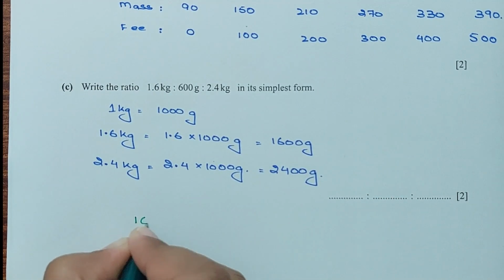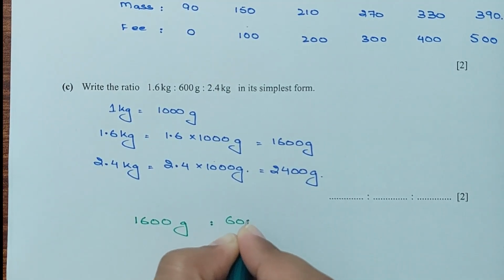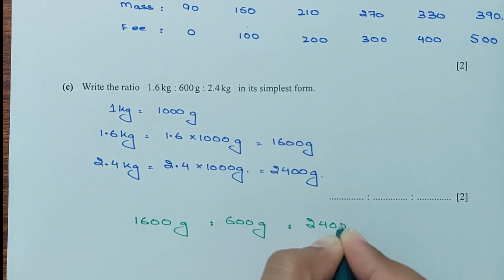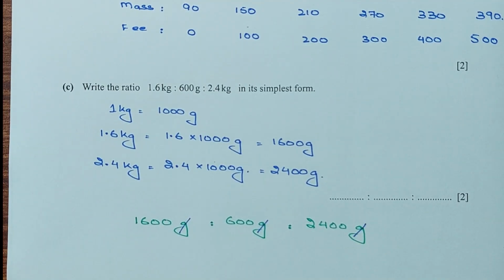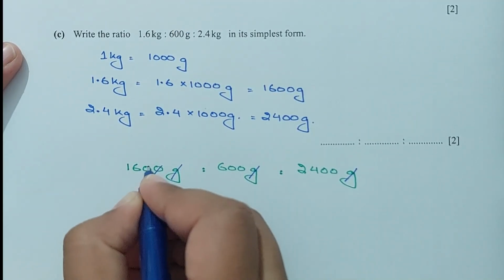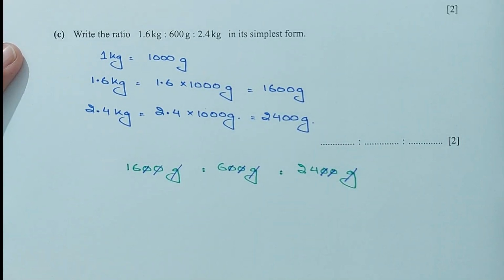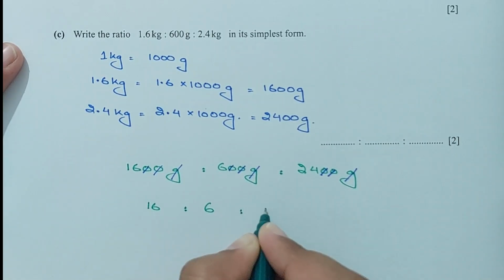Now the ratio is 1600 grams, 600 grams, 2400 grams. Now we can easily cancel out grams with the grams, cancelling the 2 zeros. So we are left with 16, 6 and 24.